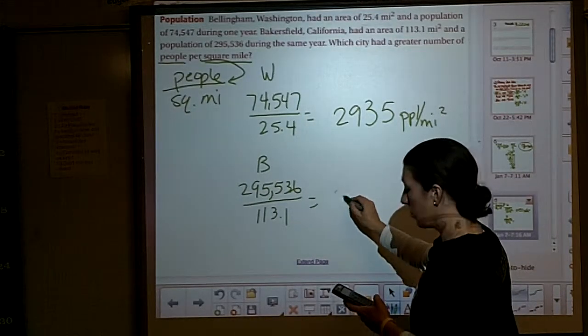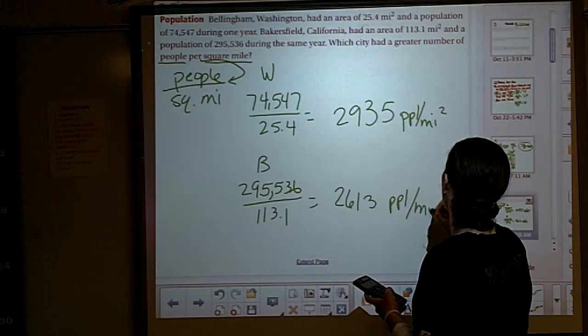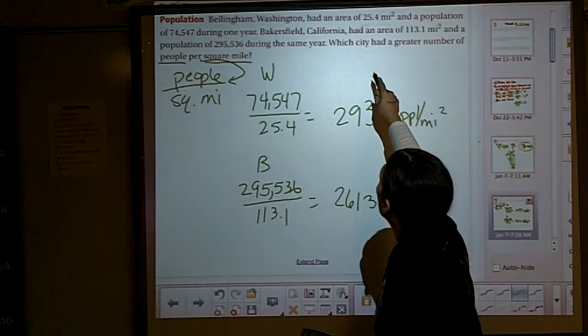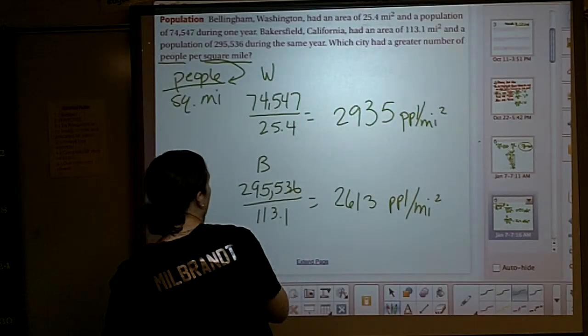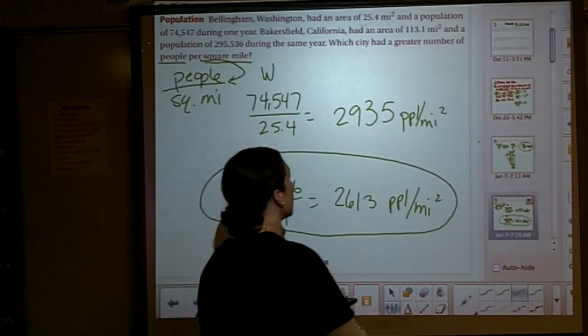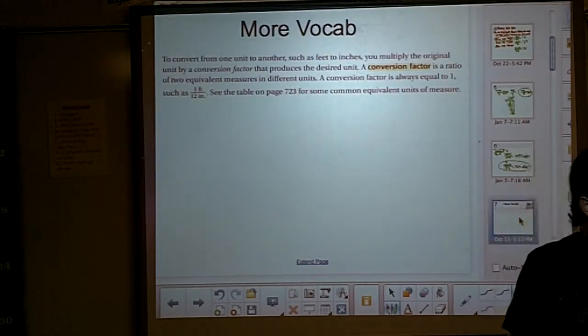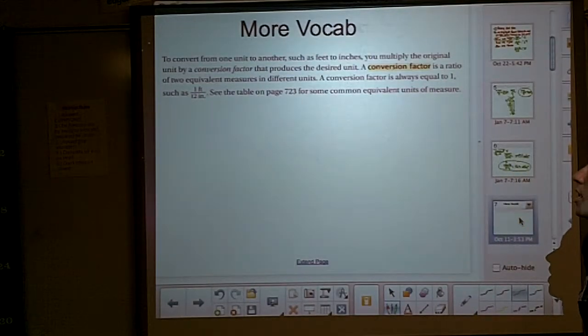And I get 2,613 people per square mile. And it wants to know which city had the greater number, so that would mean my answer for this problem would be Bakersfield.